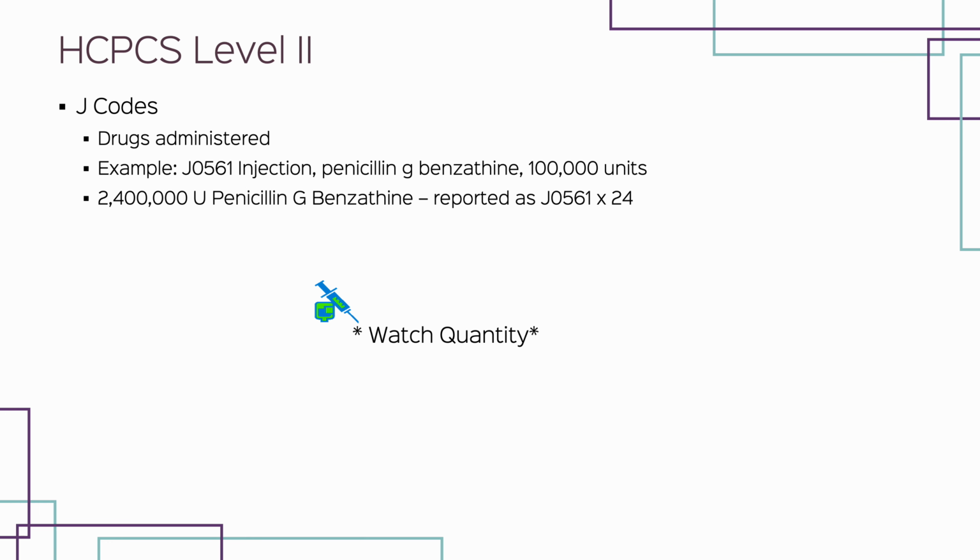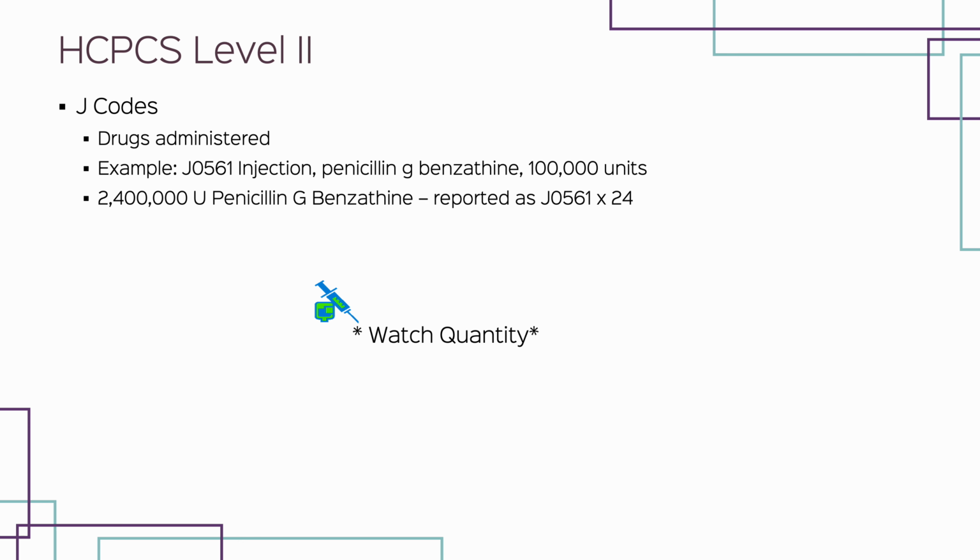Now let's turn to the J codes, and these are going to be used to report drugs that are administered through various routes. Those will include subcutaneous, intramuscular, intrathecal, intravenous, and even oral, topical, or inhaled delivery. Most of your J codes will include a specific dosage amount, so it is important to pay close attention to the quantity that's being reported.